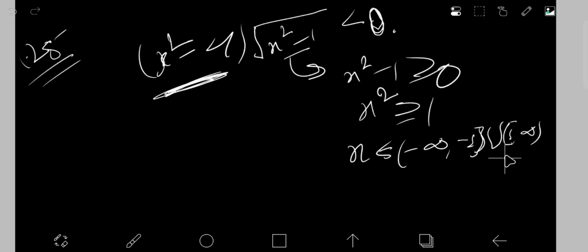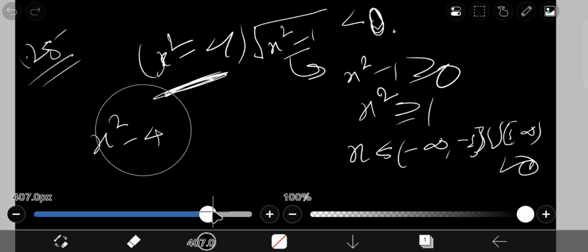This is one condition, and this is also greater than 0, because this one is always positive. Maybe it is 0, but here no equality is given, so we do not take the equality sign.